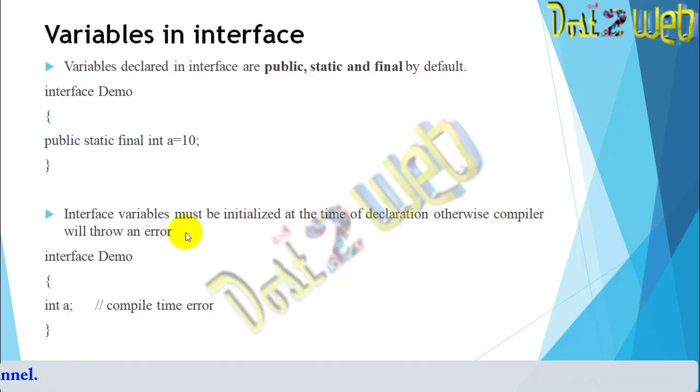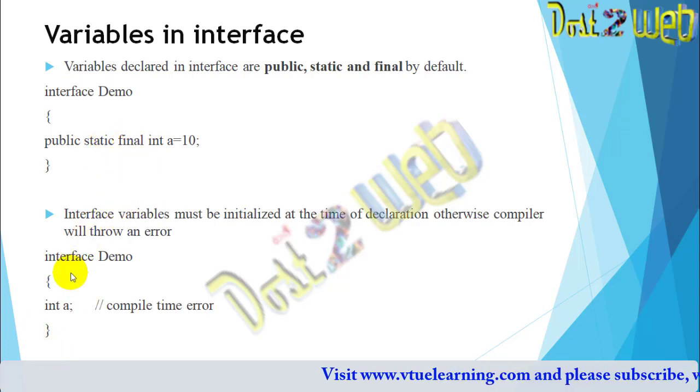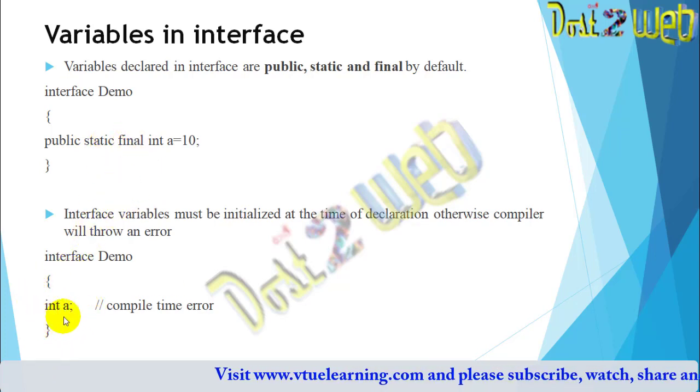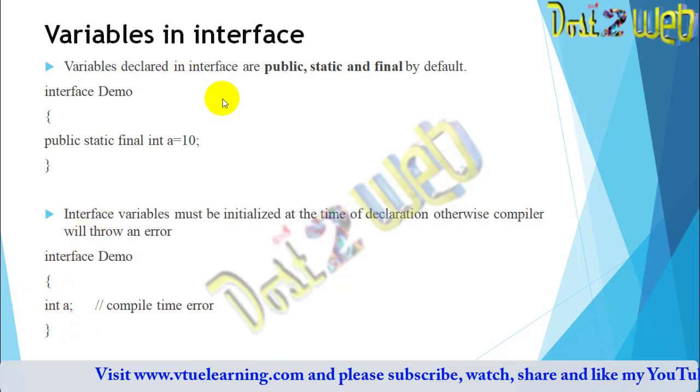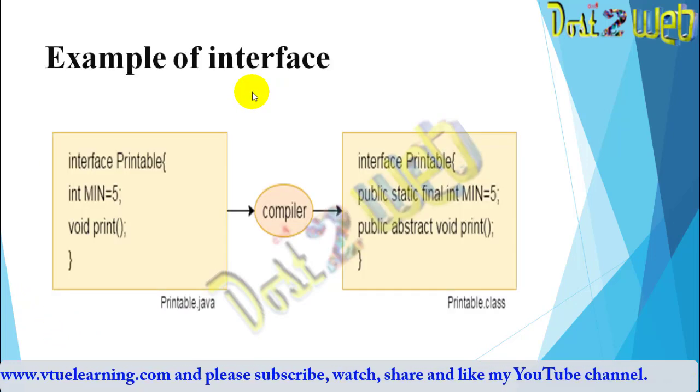When you write it this way, the compiler will give an error, because we are using an interface. When you declare a variable or method in an interface, your variable should have public, static, final. So that is the variable in an interface.